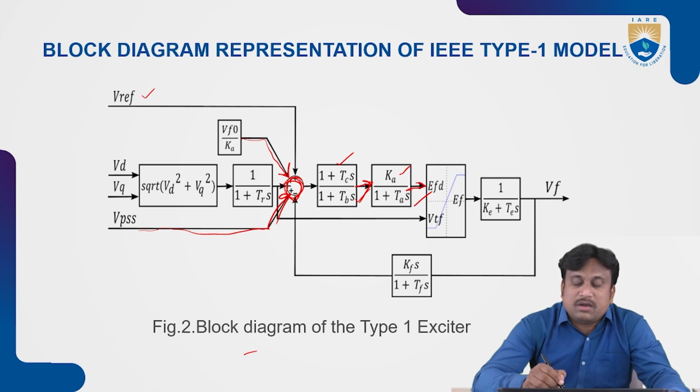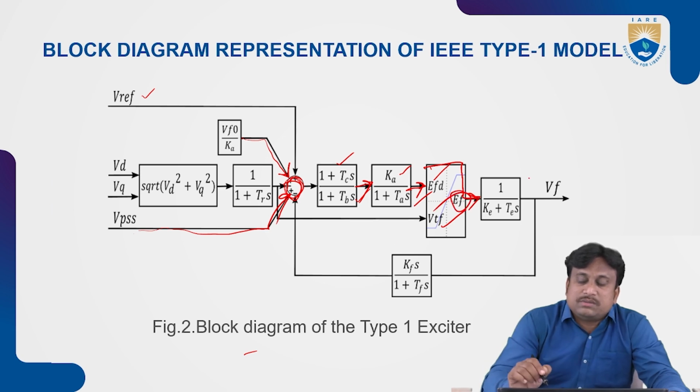This block connects to EFD and VTF, and the resultant connects to the block of EF, which is 1 by KE plus TES. This block excites, and here our control over VF is done.